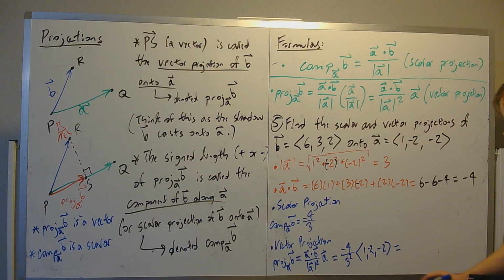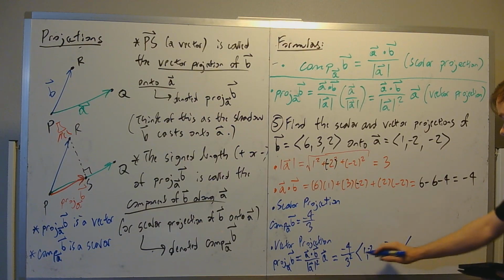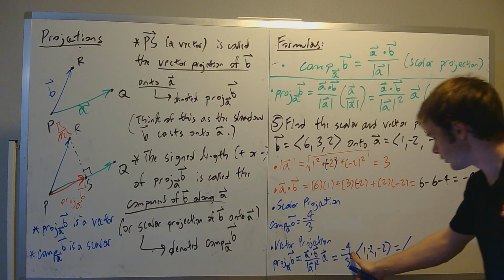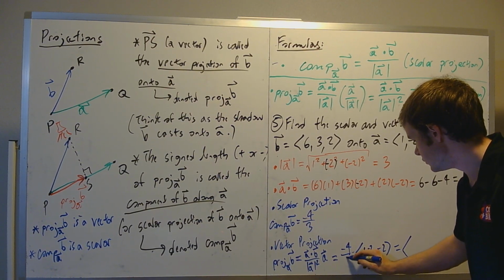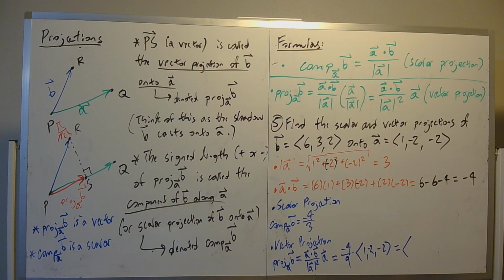So we just multiply this out. That's negative 4 over 9, and we distribute. So if we distribute negative 4 over 9, because 3 squared is 9, into here, we're going to get negative 4 over 9. And then this times negative 2, that's going to be positive 8 over 9.